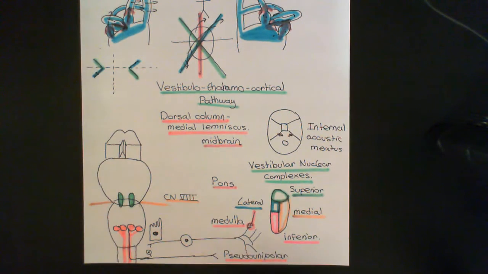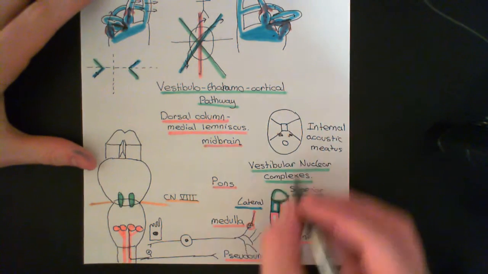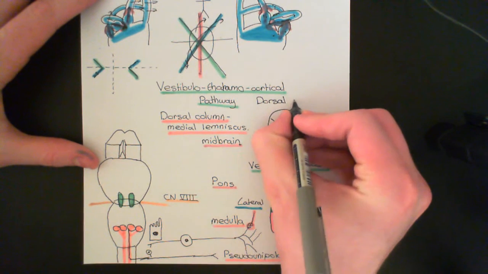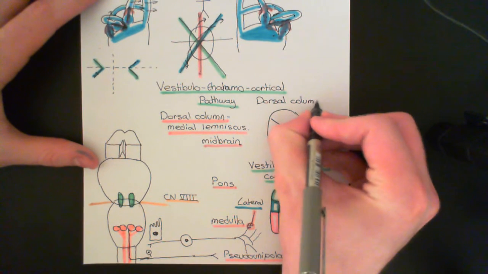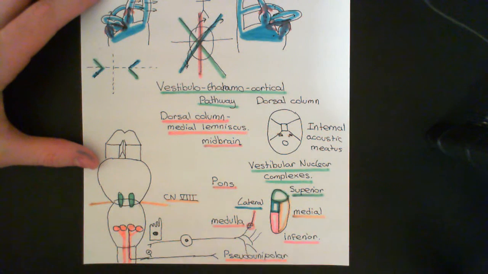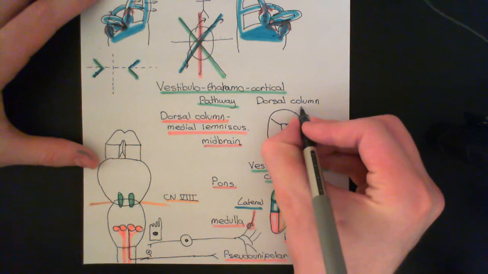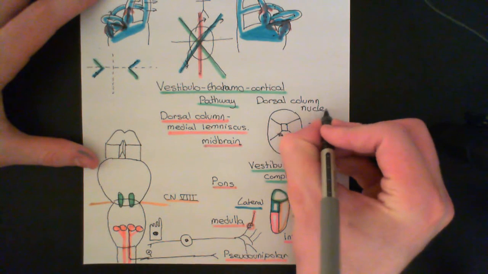These nuclei are overall called the dorsal column nuclei, and of course you might remember their names if you've ever studied this pathway. They are the cuneate nucleus, or nucleus cuneatus, and the gracile nucleus, or nucleus gracilis. So the dorsal column nuclei, if you don't want to remember those names.